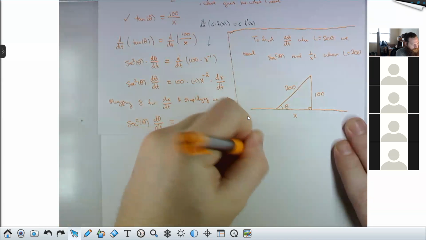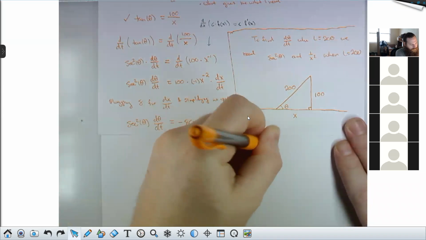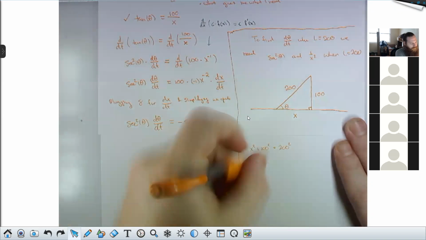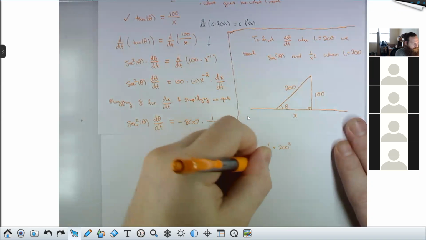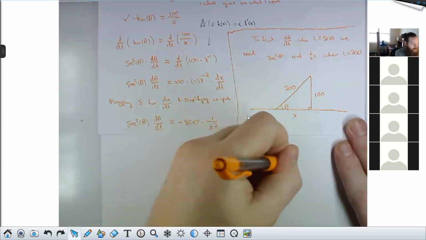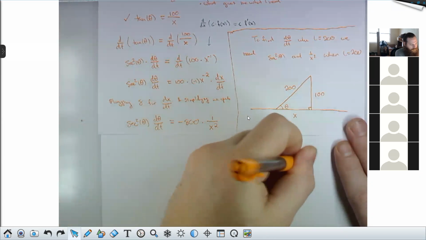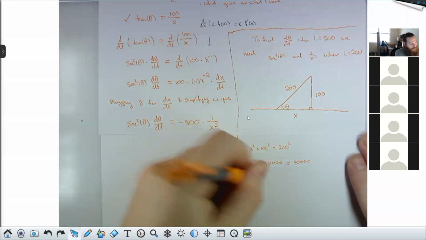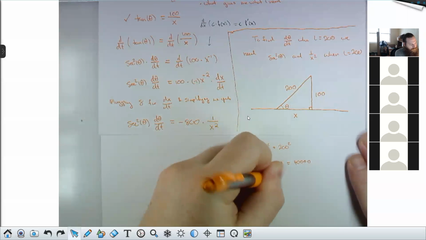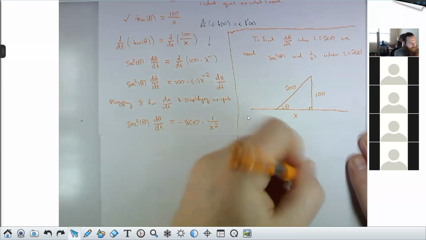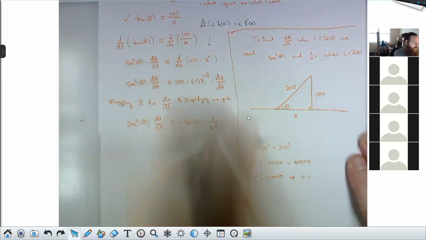So we know that x squared plus 100 squared is equal to 200 squared, which is x squared plus 10,000 equals 40,000. So x squared has to be equal to 30,000, which means x has to be the square root of 30,000.